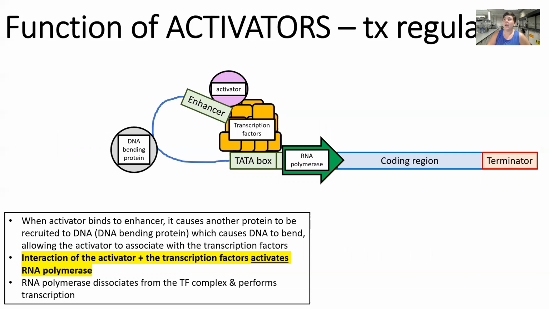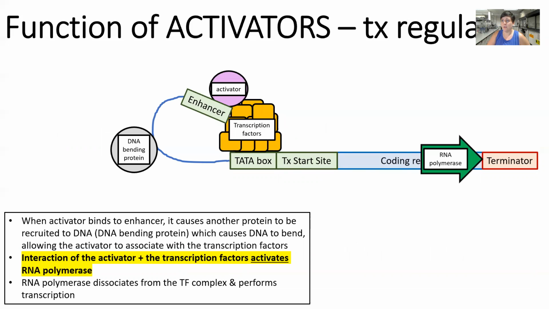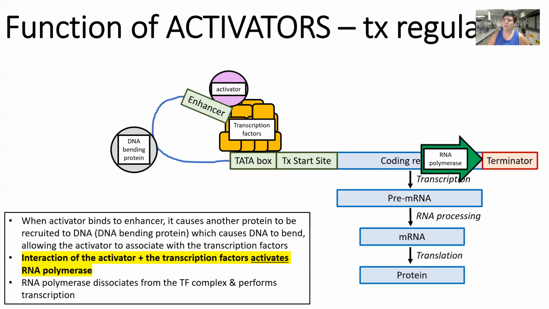If the activator associates with those transcription factors, that allows RNA polymerase to release from this complex and transcribe the coding region into pre-mRNA, which will then be processed into mRNA, which can then be translated into protein.